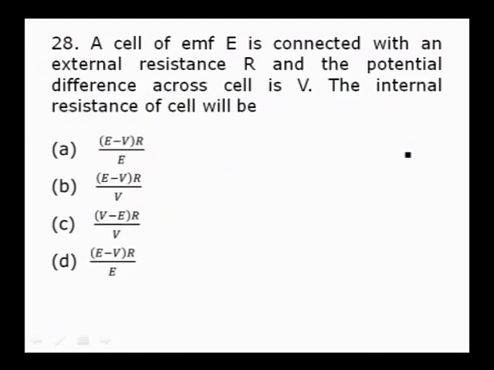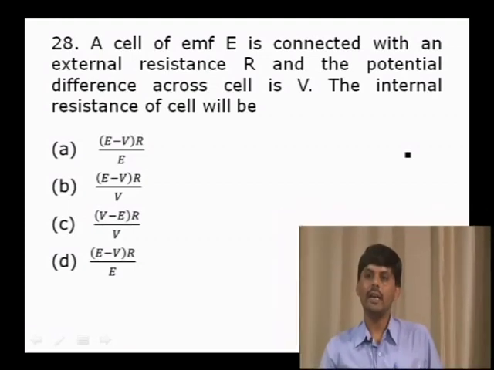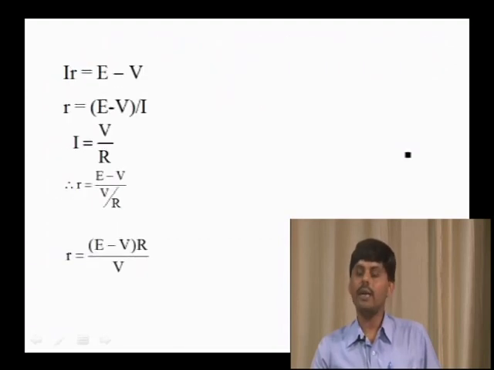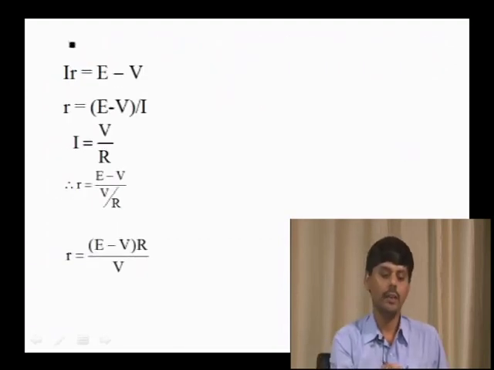Question number 28. A cell of EMF E is connected with an external resistance R and the potential difference across the cell is V. The internal resistance of the cell will be: A, EVR divided by E; B, E minus V into R divided by V; C, E minus V divided by R; and D, E minus V divided by E. See, we have a basic formula, that is V is equal to E minus Ir.